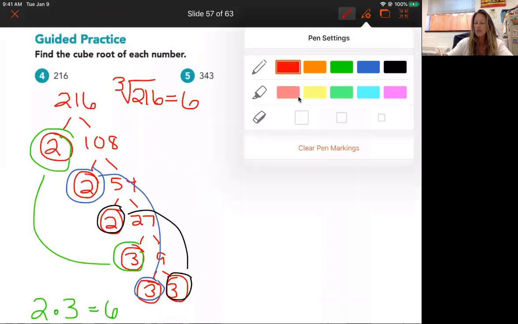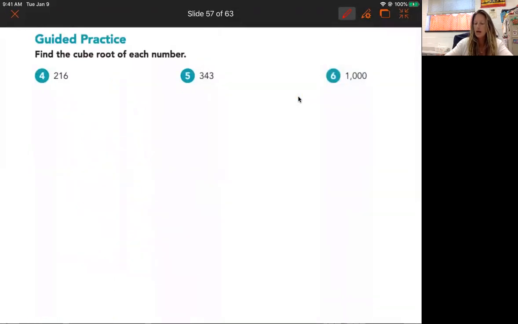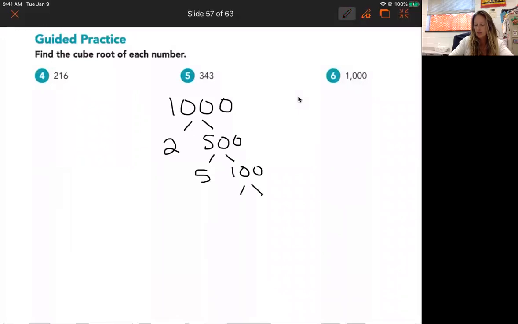I'm going to go to 1,000, and then we'll stop there. So for 1,000, I can do 2 and 500, and 5 and 100, and 2 and 50, and 2 and 25. And again, it doesn't matter exactly how you do this as long as you get to the same answers.